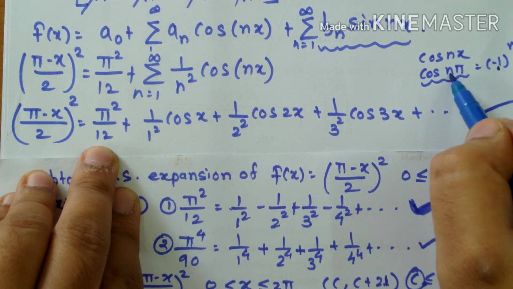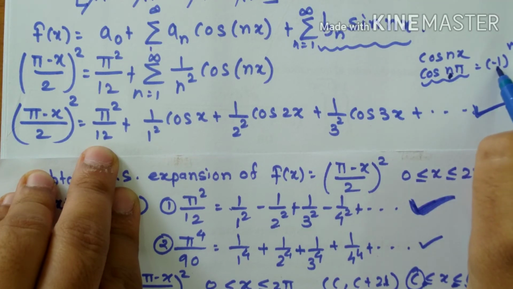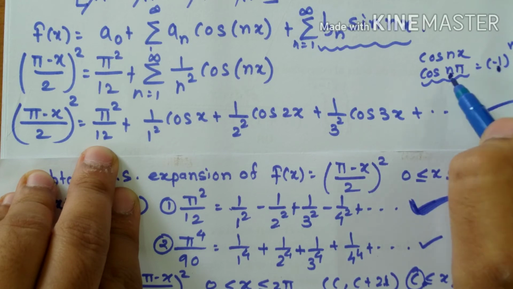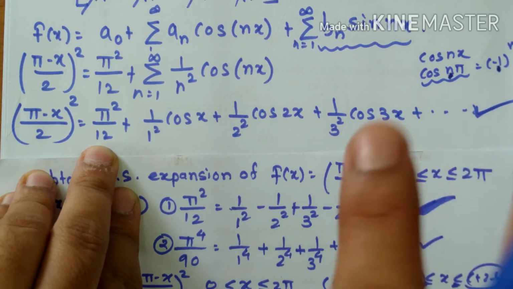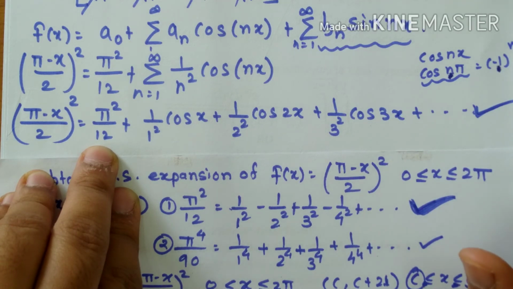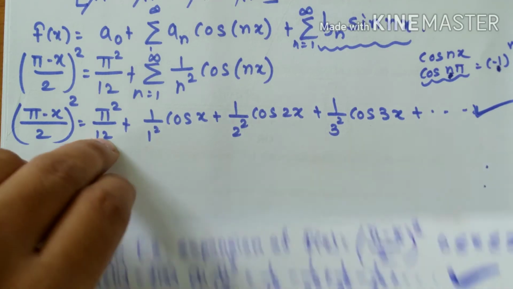When n becomes 2, this becomes plus 1. When n becomes 3, this becomes minus 1. When n becomes 4, this becomes plus 1. When n becomes 5, this becomes minus 1. That means I am getting alternate plus minus for n equal to 1, 2, 3 like this. So our substitution is now fixed.